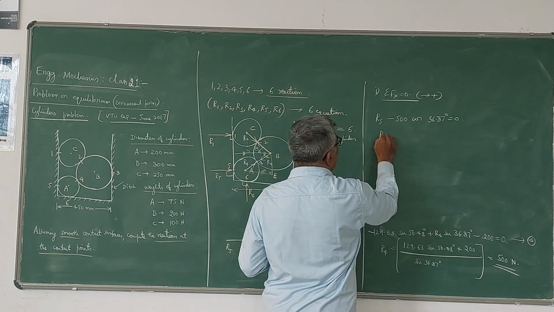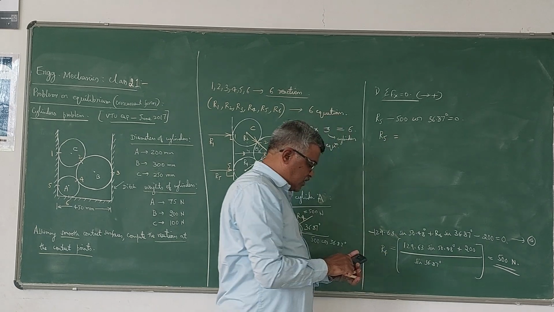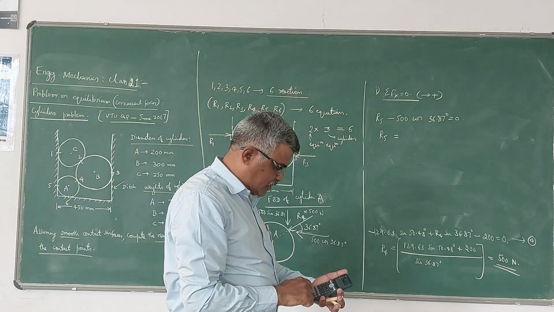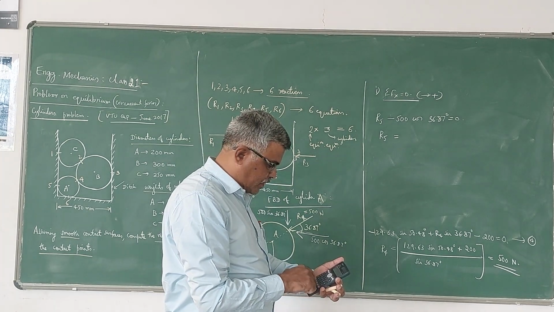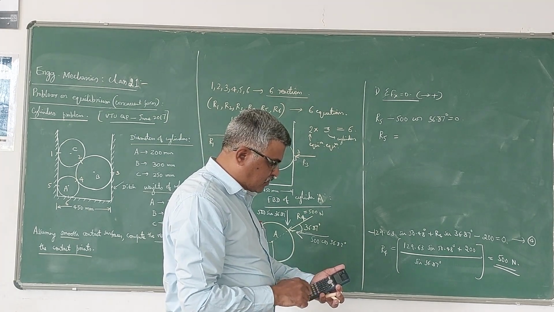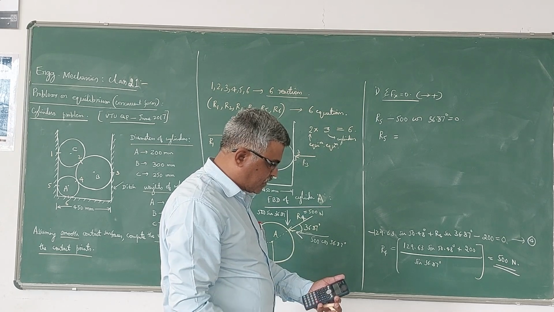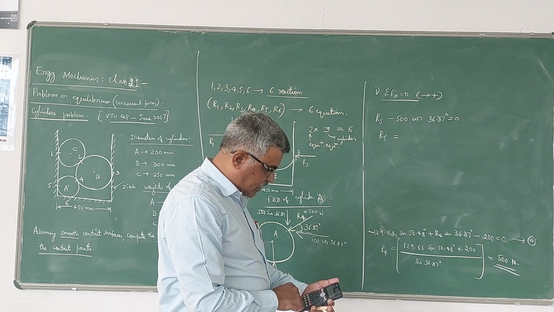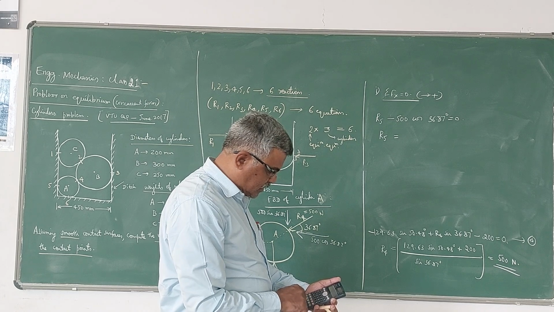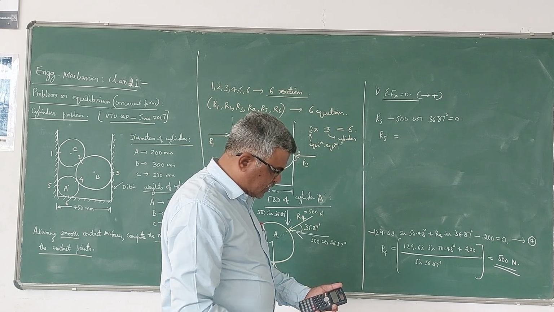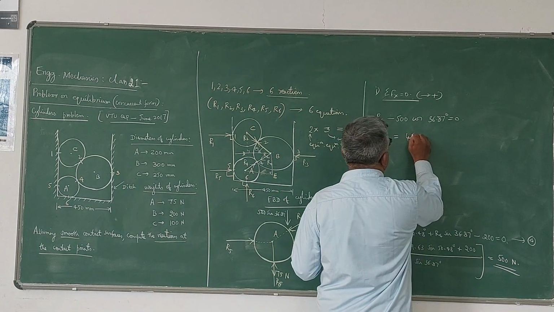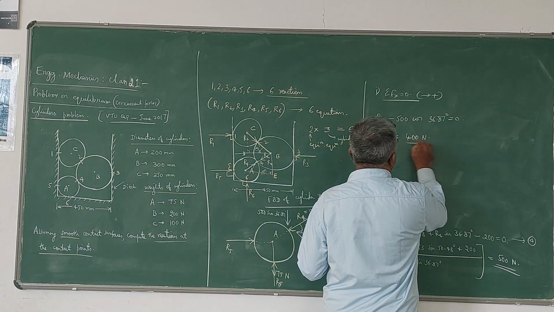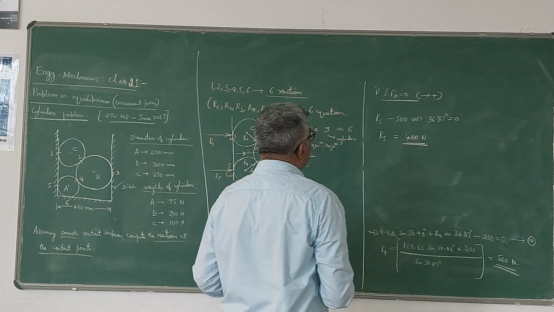So R5 equals 500 into cos 36.87, which comes out to be 399.99, which is 400. So 400 Newton. So R5 is 400 Newton.